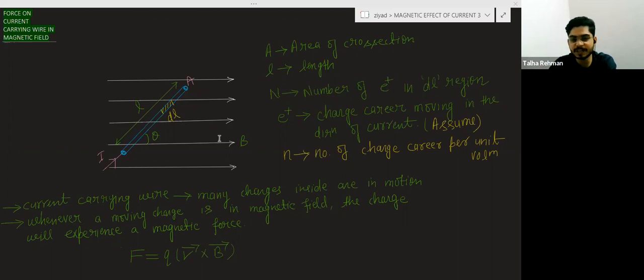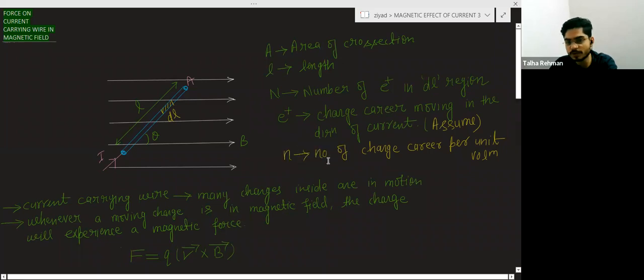I have taken one more term here, small n. Small n is the number of charge carriers, or number of e positives, per unit volume. Means if we take 1 meter cube, or unit volume, of this wire, then the number of charge carriers will be small n.